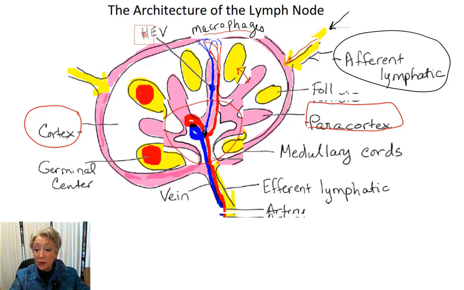Now, T cells, you'll come to find, do not see antigen by themselves. They must have it shown to them on the surface of another cell that we refer to as an antigen-presenting cell.